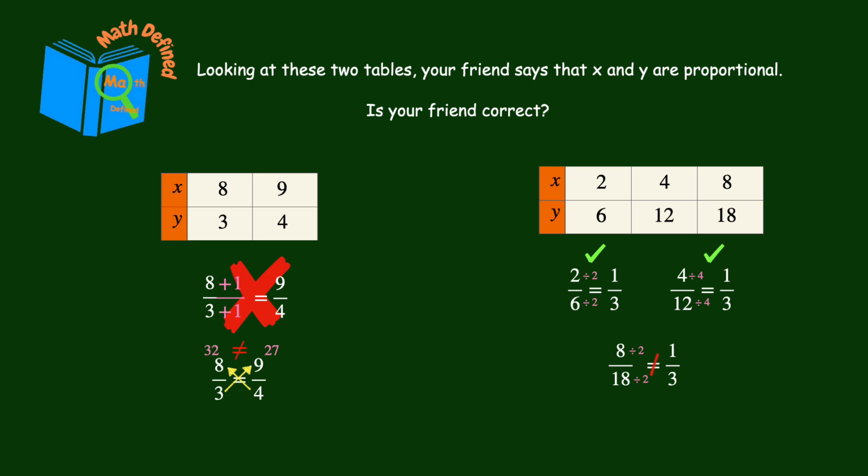So this ratio is not proportional to the others in the table, so x and y are also not proportional. Remember, when checking for proportionality, it's best to test at least 3 ratios, if not more, from a table instead of just 2. So your friend was wrong about both tables.